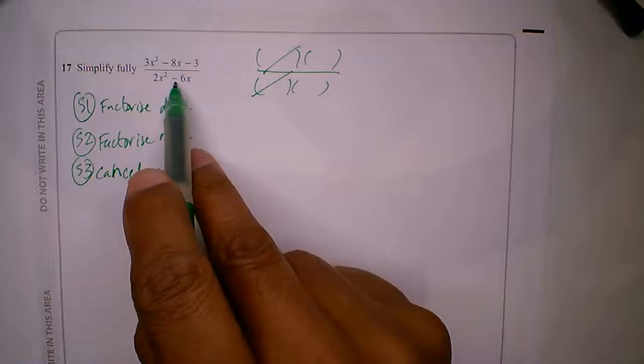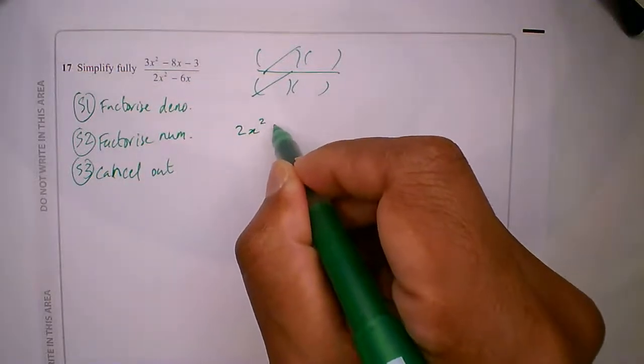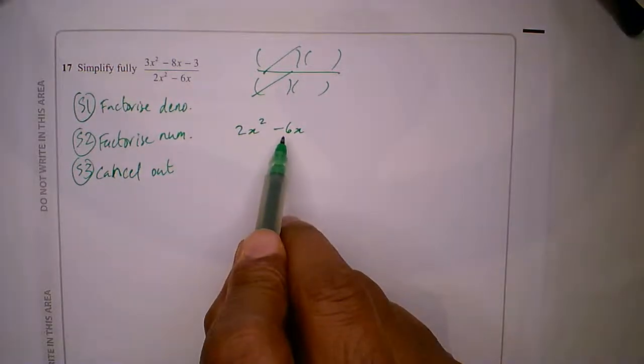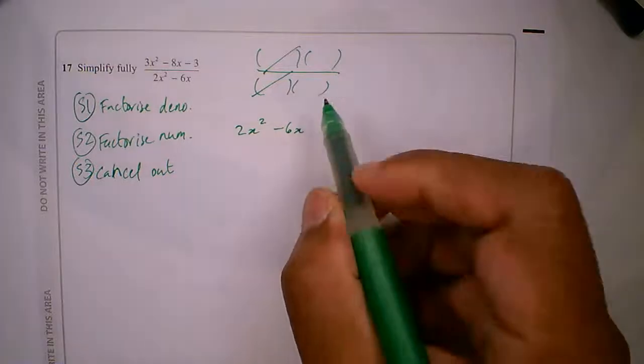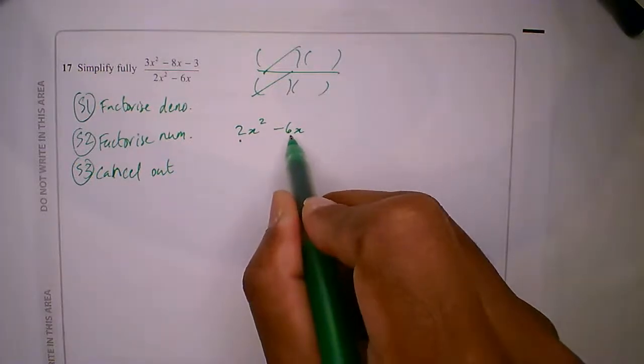So let me do this part first. What goes into 2 and 6? I'm looking at the number part first. So 2 goes into 6 as well.